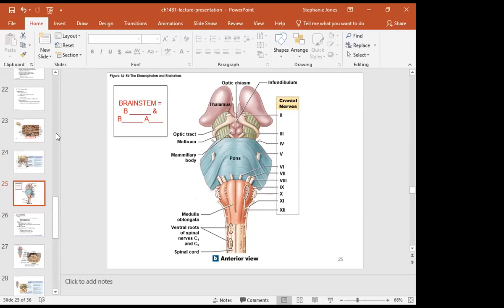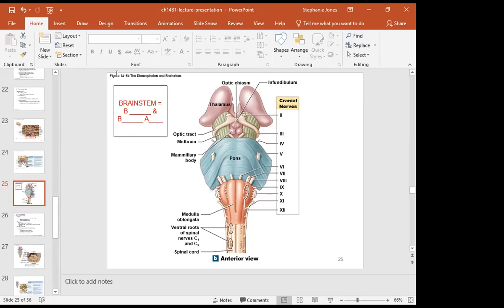Epithalamus, because it has the pineal gland, right? So the hypothalamus connects the nervous system and the endocrine system. It's going to also be responsible for the emotional drives, like, do you want to have sex? Are you hungry? Are you thirsty? It will help with regulating different autonomic functions. So those are your three portions to your diencephalon.